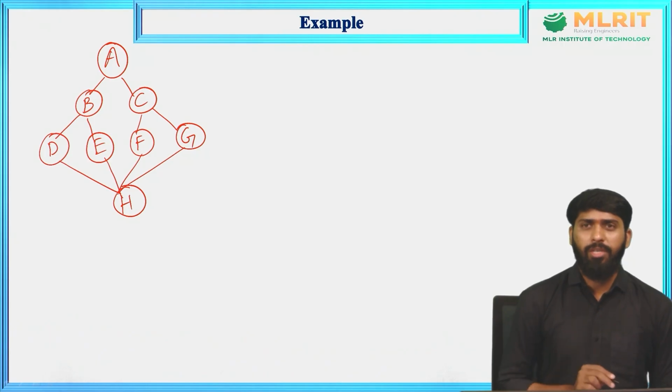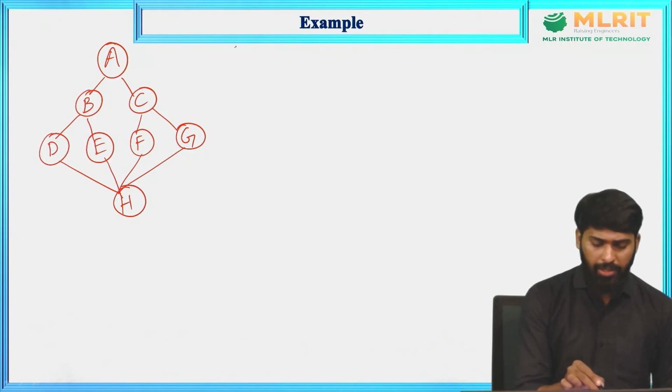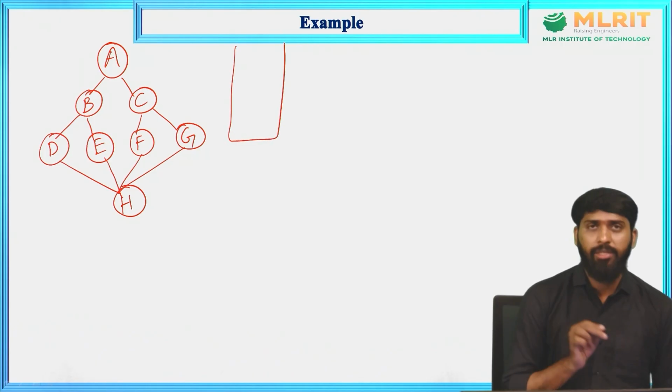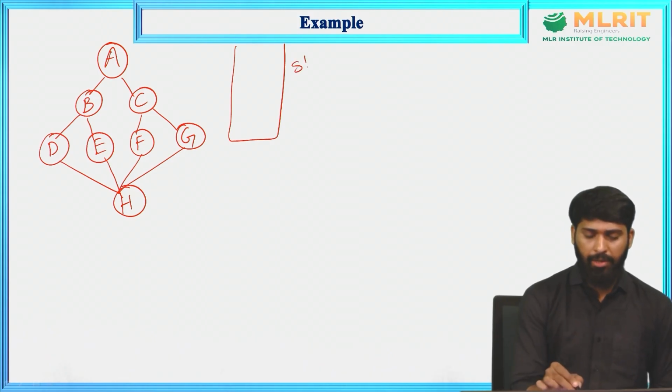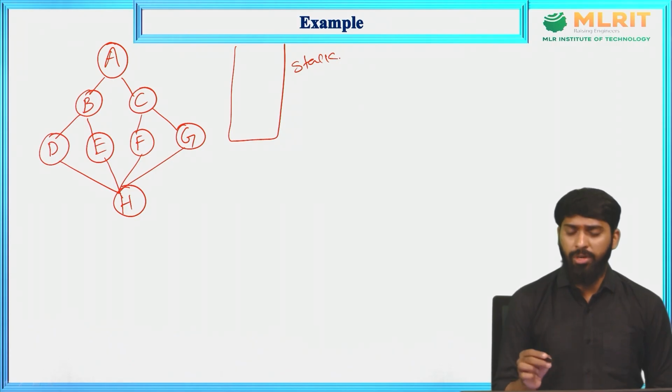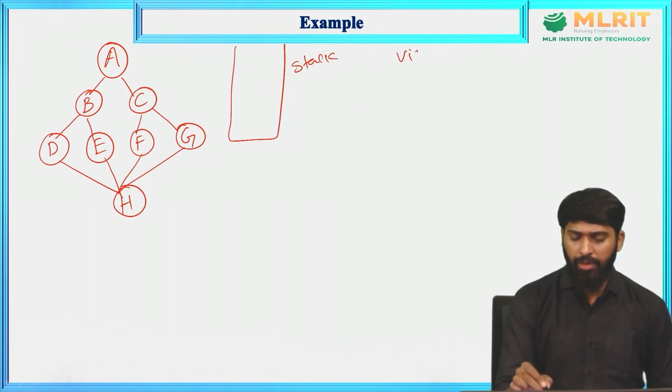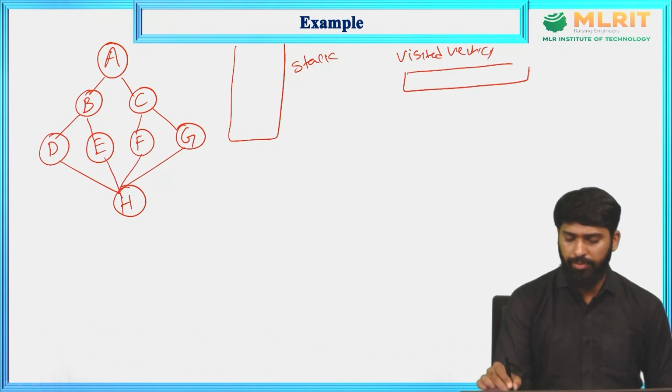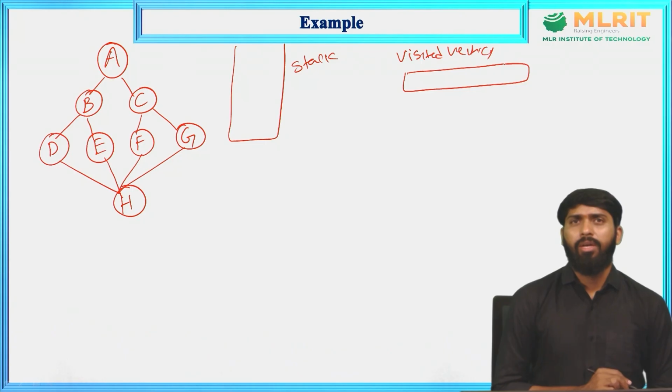Step 1, initialize the stack. I consider this as a stack and take one array to store all the visited vertices. So this is the array. Initially these two are empty.